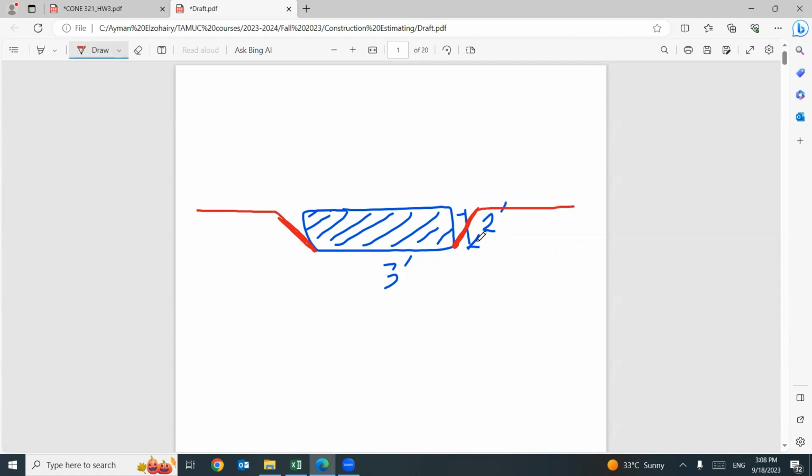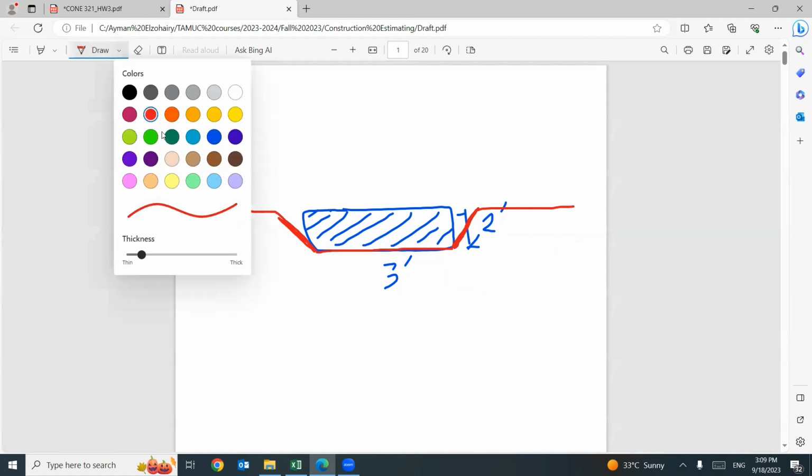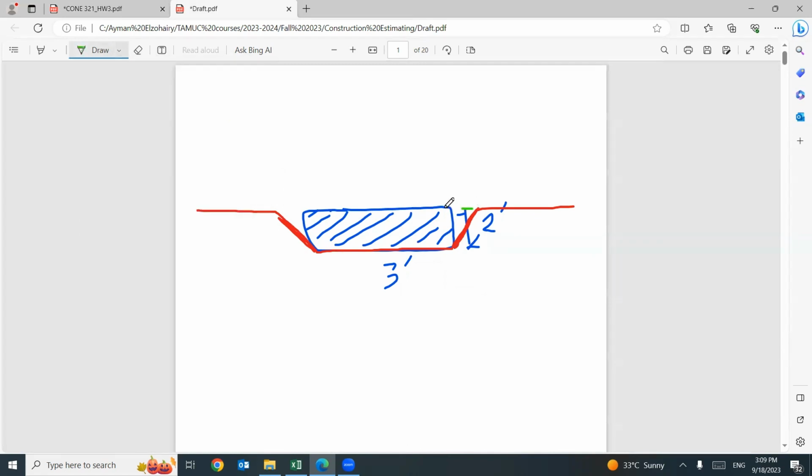So I will excavate this trapezoidal shape. I will do excavation with this green color.